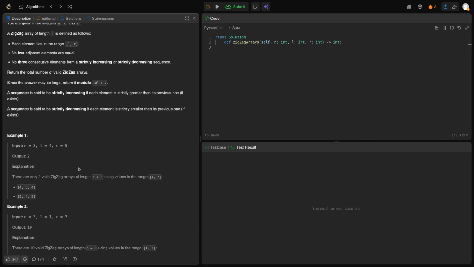Well, we could have the number of zigzag subsequences of length i where the last element is x.